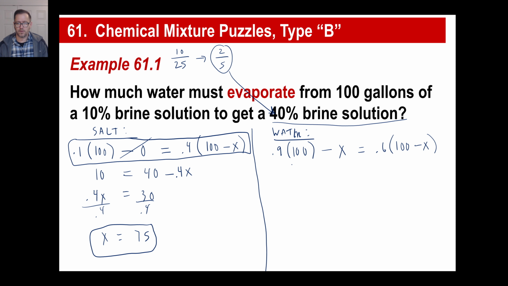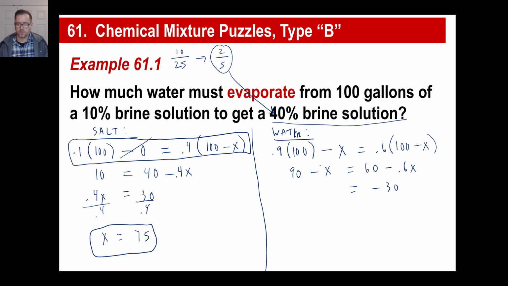Okay, so let's do it together. 0.9 times 100, of course, 90. Minus x, all right? 0.6 times 100, 60. Don't forget, this is 0.6 times that. So it's going to be negative 0.6x. Okay. All right, well, let's get x on the left side. Let's move 90 over here, and we'll go 60 minus 90 is negative 30.